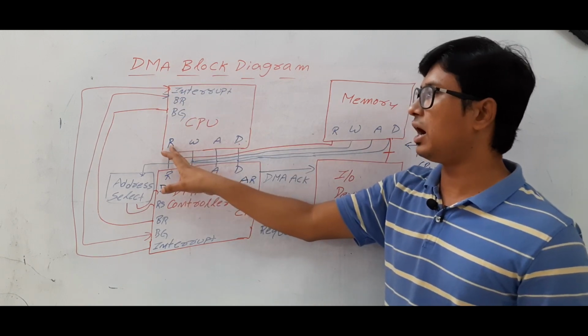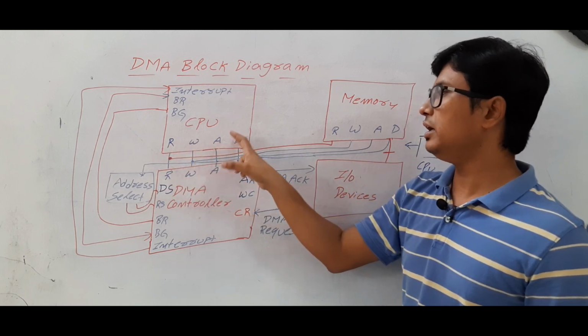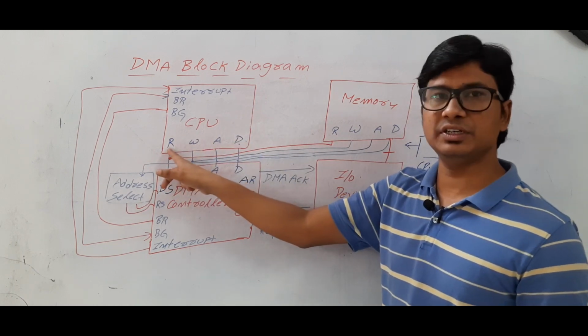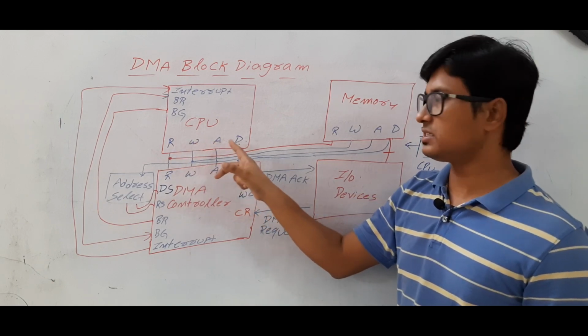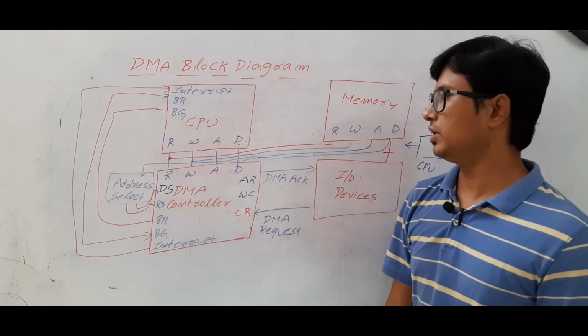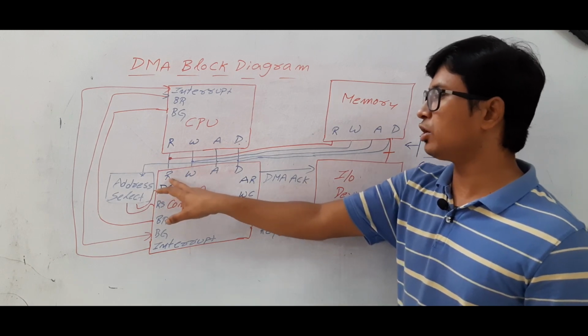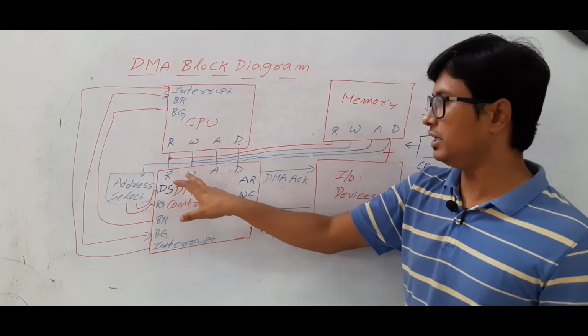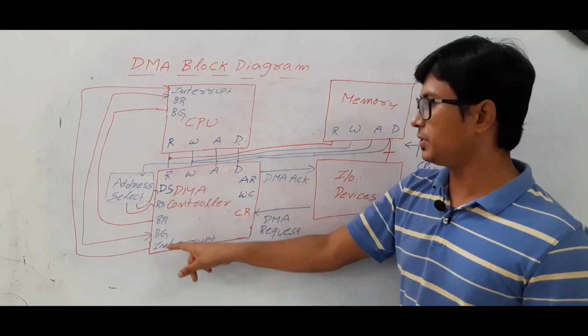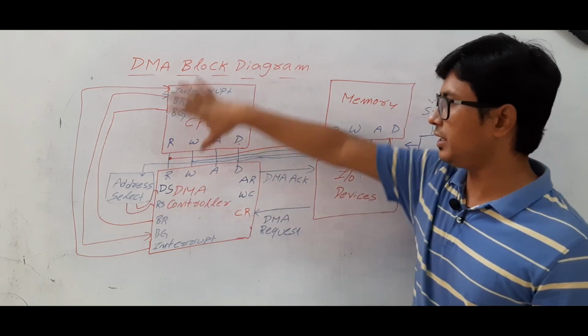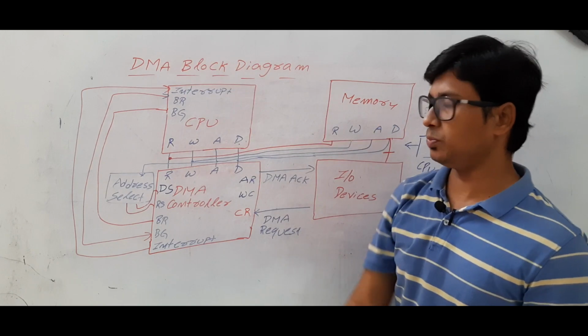And then we have R, W, A and D. R stands for read signal, W for write, A for address and D for data. Similarly, in the DMA controller we also have read, write, address and data. Coming to other pins, we have address select, which can be selected by the CPU.